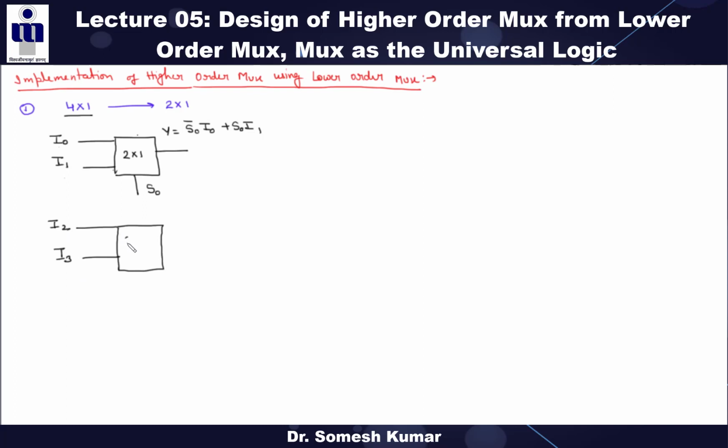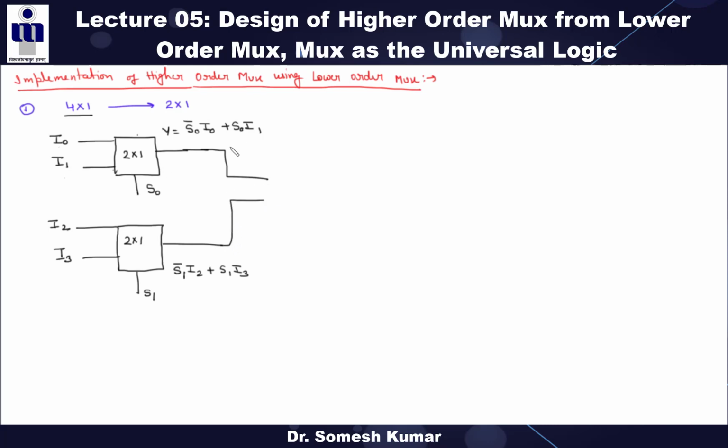Again I am denoting the select line as S1. You know in the 4:1 mux there are 4 inputs, and there is a single output.